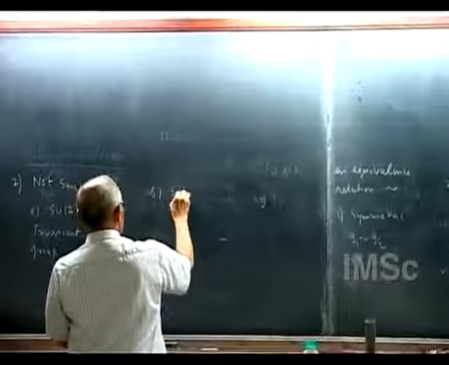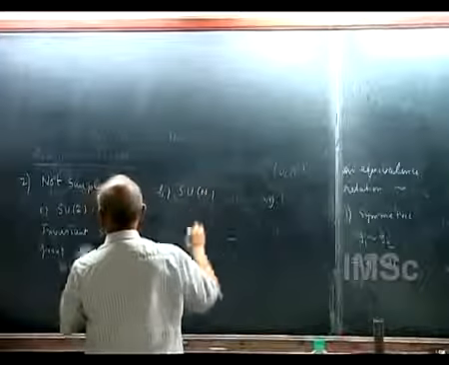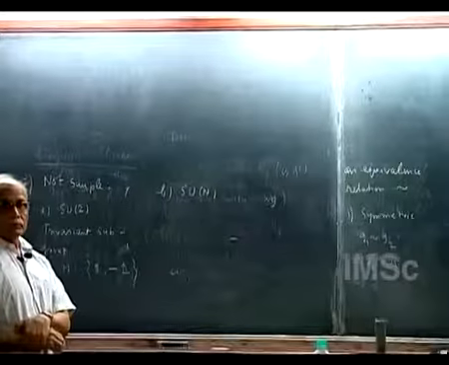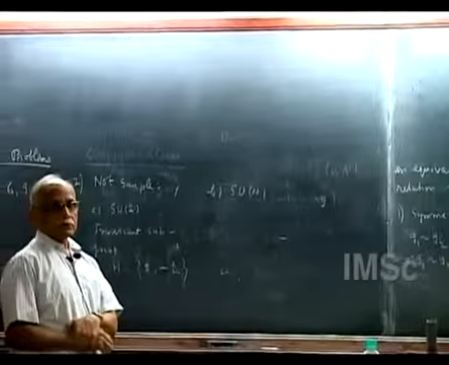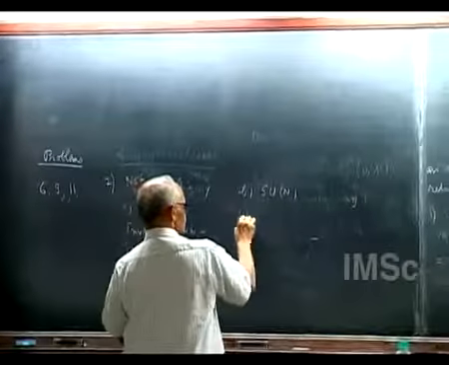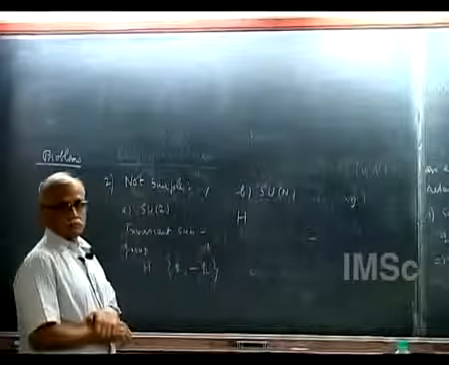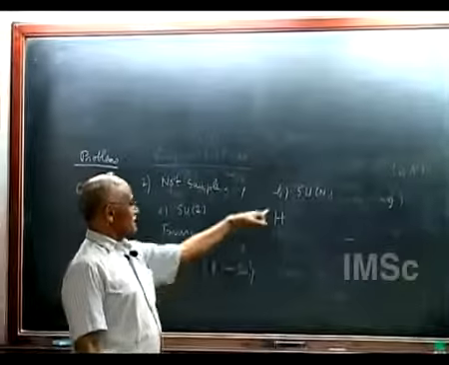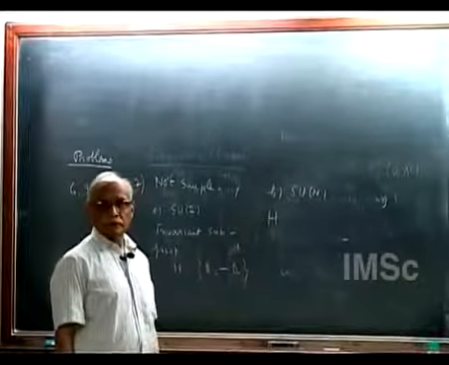SU(n) is not simple for any n. So, for SU(n), what is the invariant subgroup H? There is some analog of this for any n.